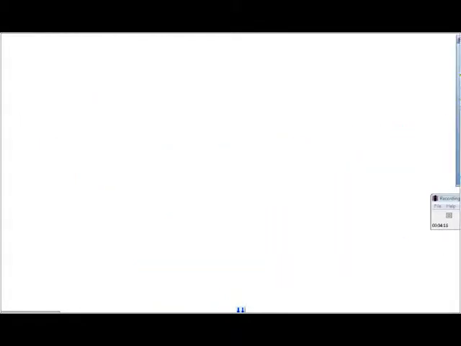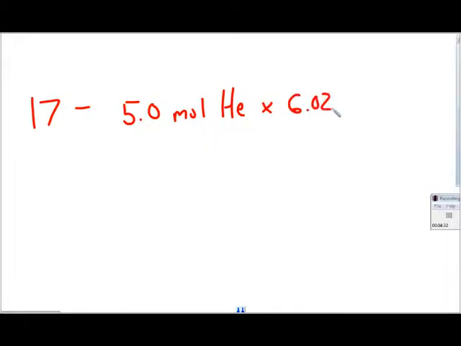One more to go. We're almost done here. Question 17. We have 5 moles of helium in a balloon. How many atoms of helium do we have in our balloon? We know how many moles we have. We know how many atoms are in a mole.